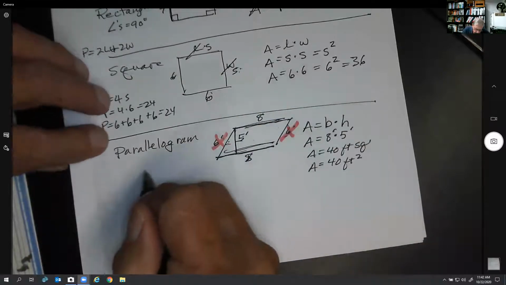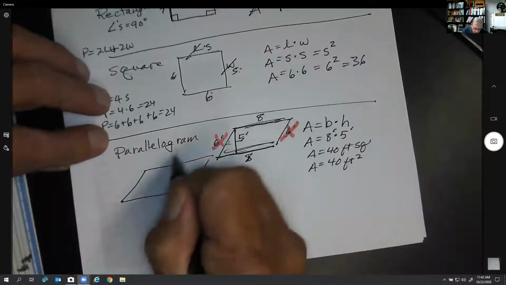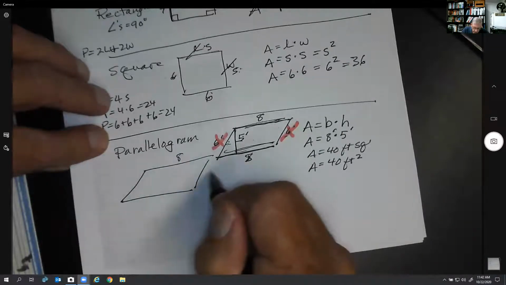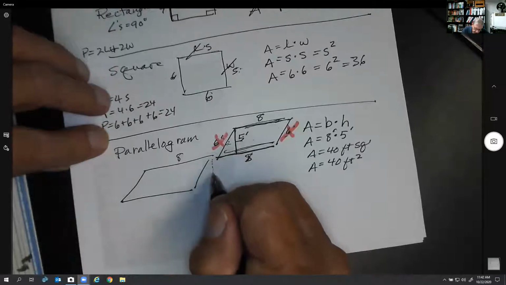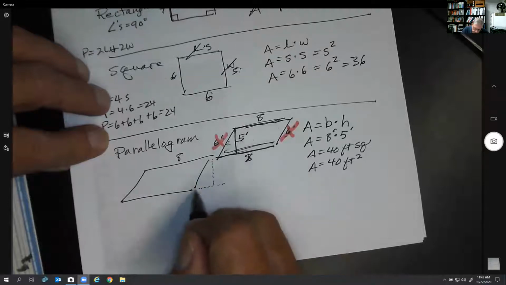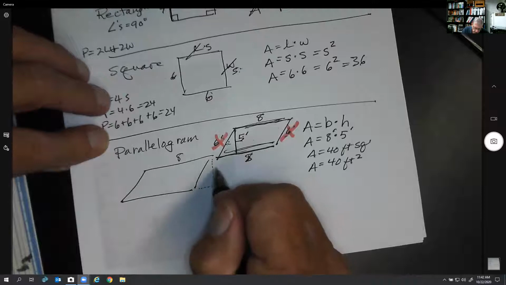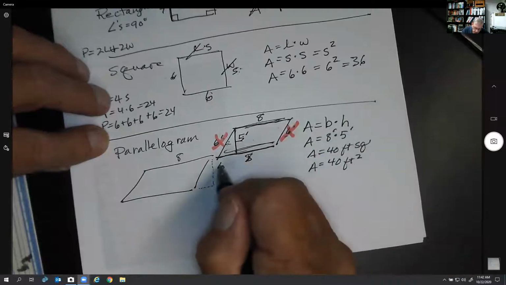They might also draw it this way, 8. And then they might put a little line coming down here on the outside with a little dotted line like that. See, it's perpendicular. Height has to be perpendicular to your base. So this would be 5. Or 6, I guess we use 6. Oh no, it's 5, yeah.